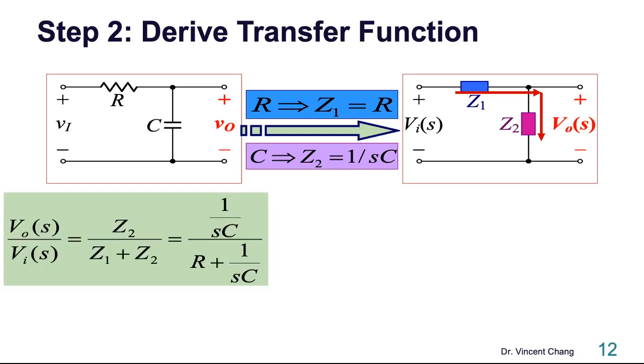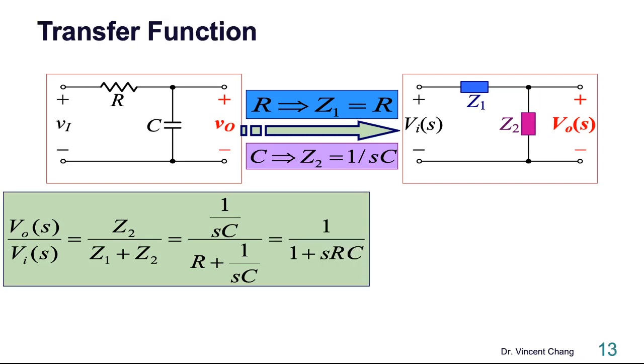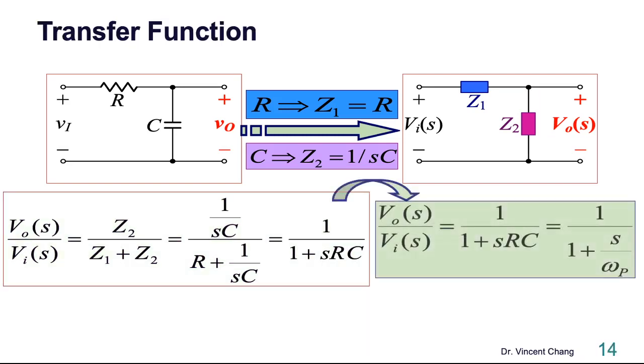So this reminds you of the voltage divider rule. So Vo divided by Vi is going to be Z2 divided by Z1 plus Z2. And then you plug in, do a little bit of math, and you get 1 over 1 plus SRC.